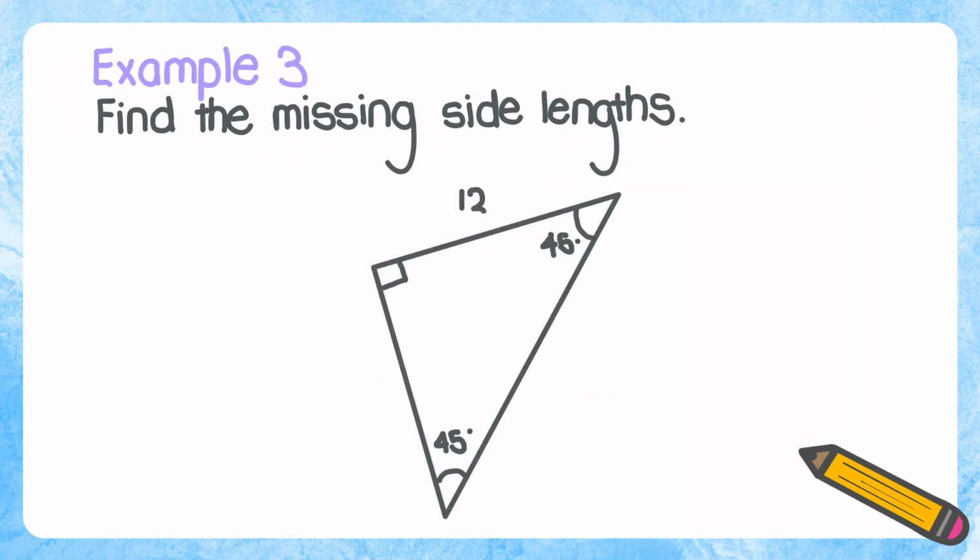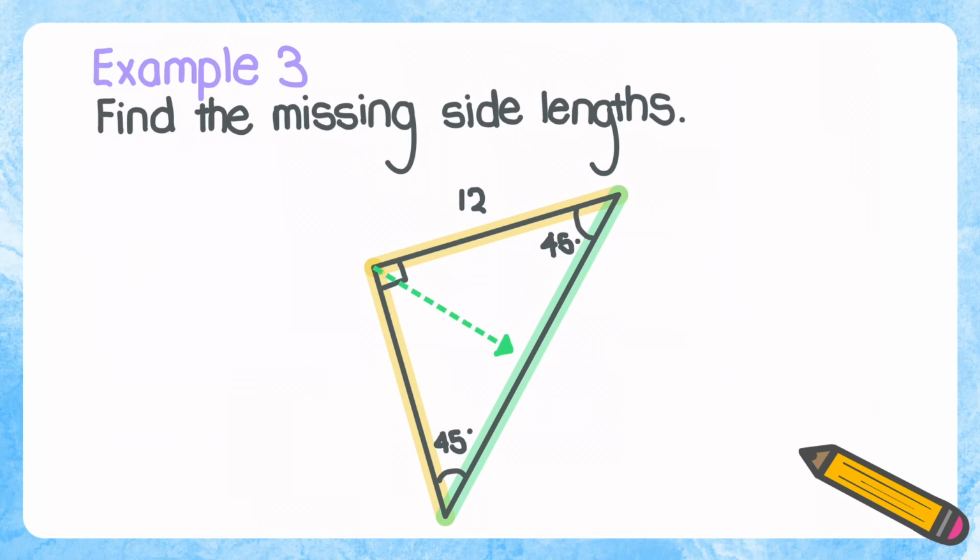For our third example, notice that the triangle is facing a different direction, but we're still going to use the same idea of a 45, 45, 90 triangle. Regardless of which way the triangle is facing, the hypotenuse is always on the opposite side of the right angle. So there's my right angle, and the hypotenuse is on the opposite side.